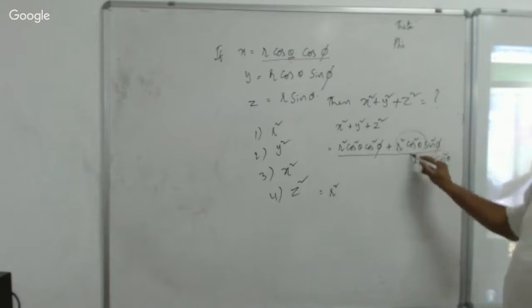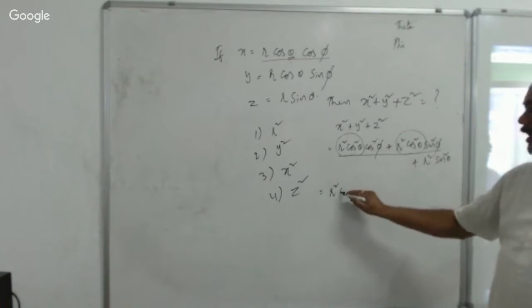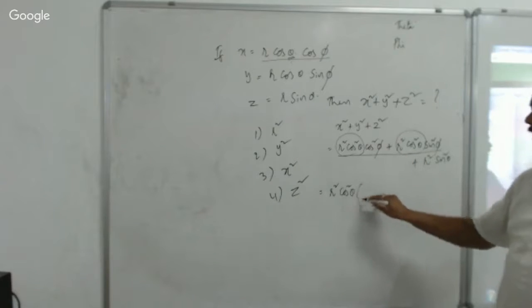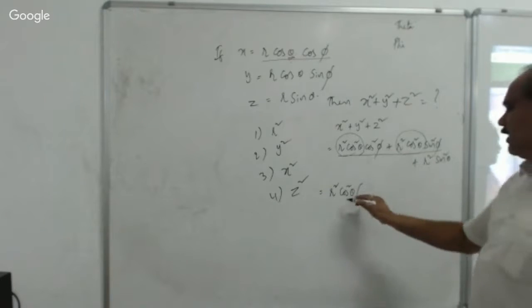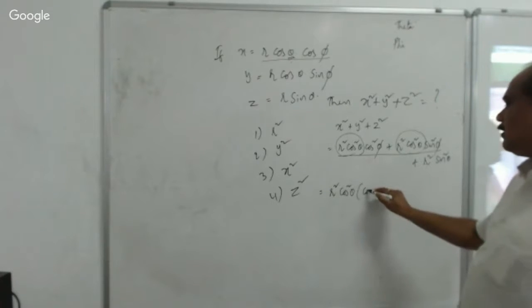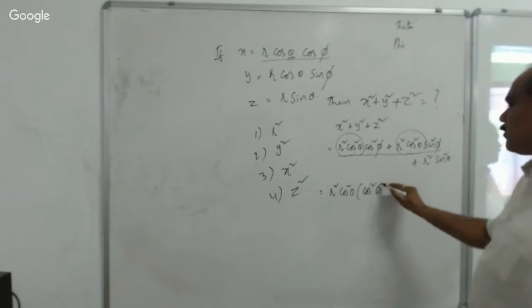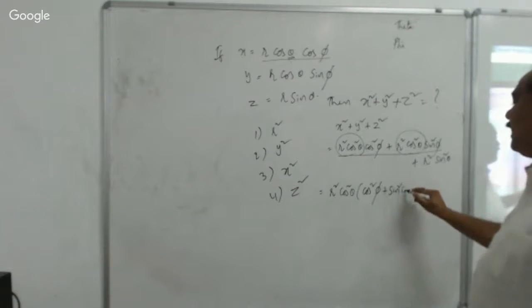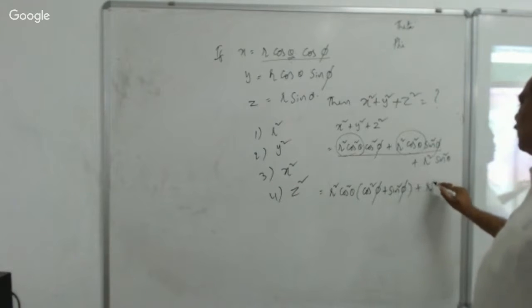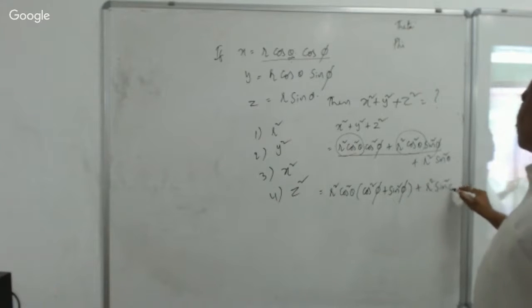What is common? R square cos square theta is common. Observe it. Now, by taking this as common, we get cos square phi plus sin square phi, plus r square sin square theta.